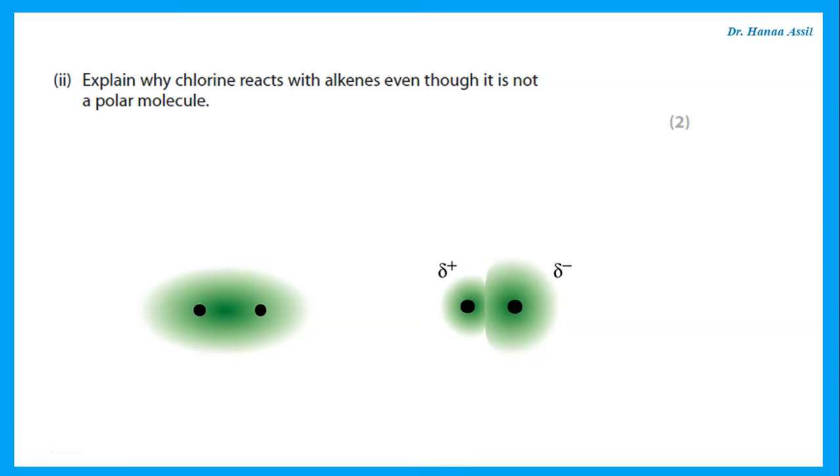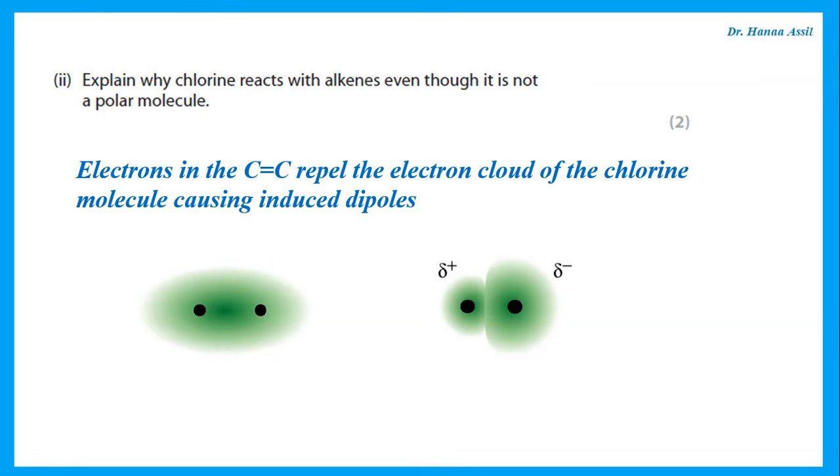So the electrons in the chlorine molecule move to one end, so that one end of the chlorine is slightly negative and the other end of the chlorine molecule is slightly positive. This is due to the repulsion between the electrons in the double bond and the electron cloud of the chlorine molecule, and what we get there is called induced dipoles.